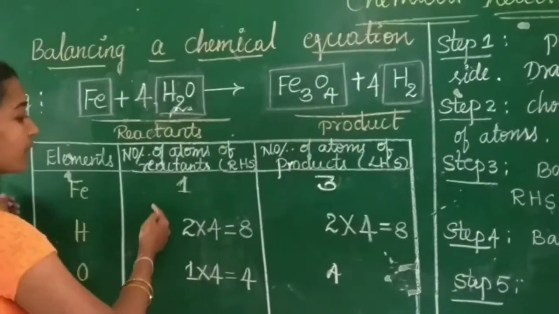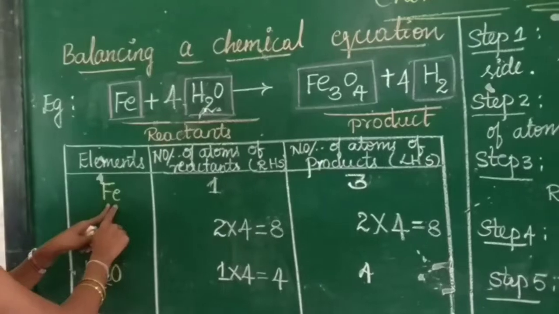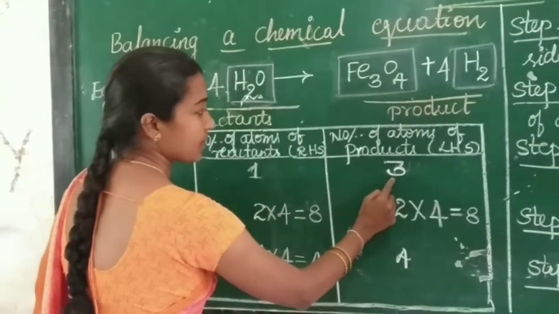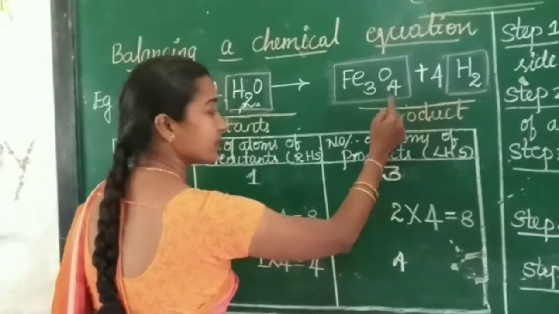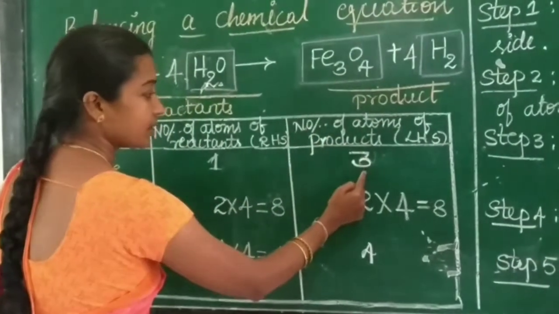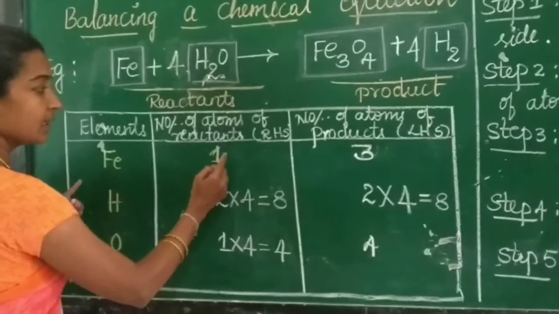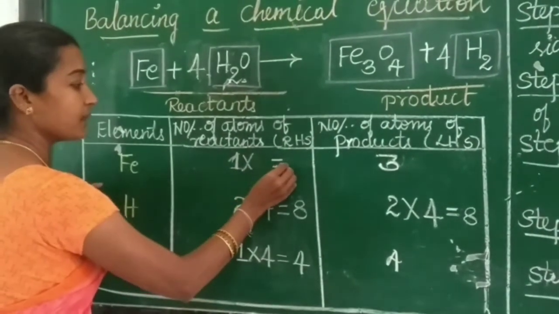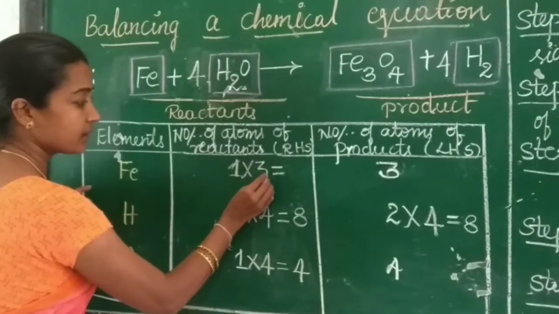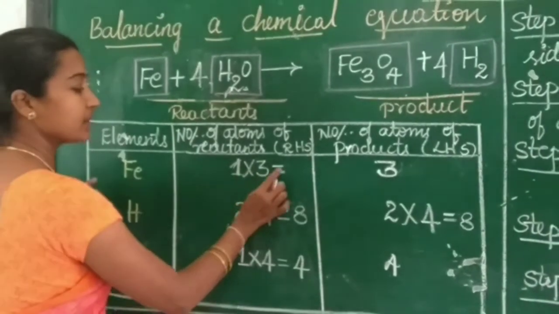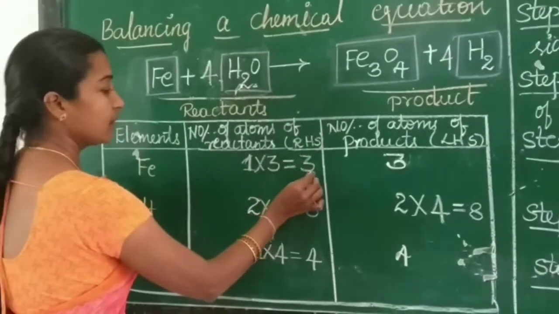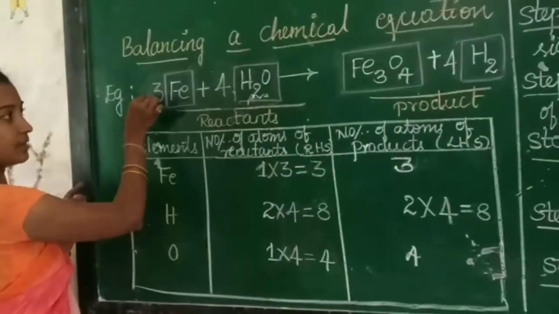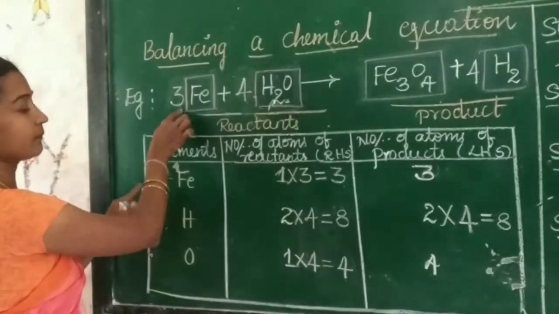The remaining one is now iron. Observe the table. 3 is present in the LHS of the equation. This 3 is balanced in the RHS by multiplying 1 with 3, it becomes 3. 3 is put in front of the iron in the equation like this.